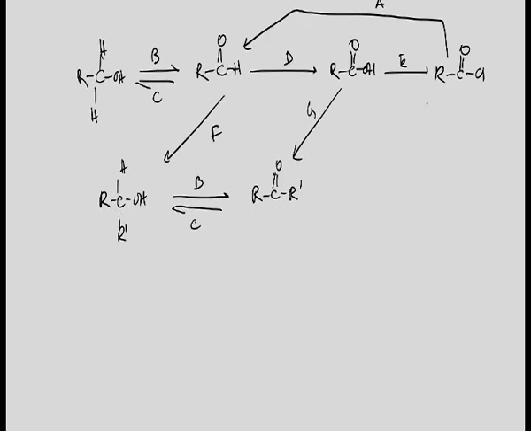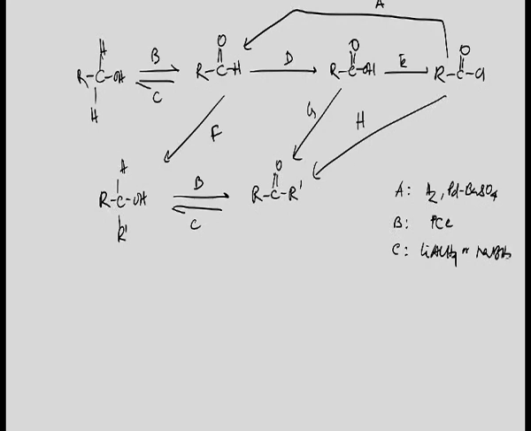From acid to ketone, from acid chloride to ketone. So what will be A? This is Rosenmund condition, H2 palladium BaSO4. What will be B? B can be PCC. What will be C? C will be lithium aluminum hydride or sodium borohydride.